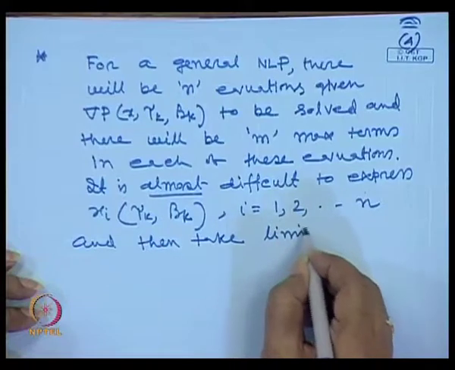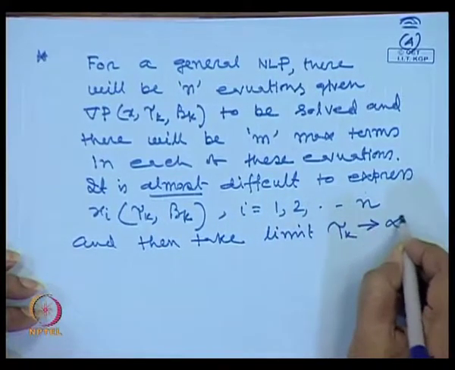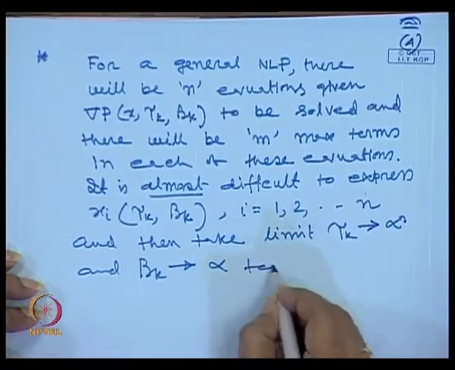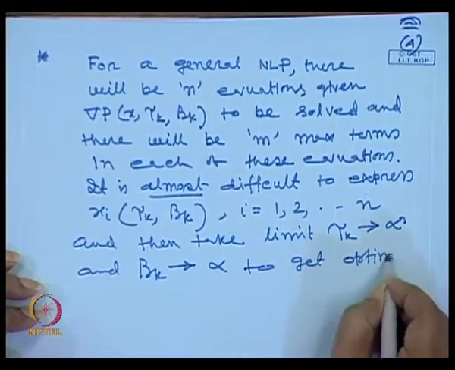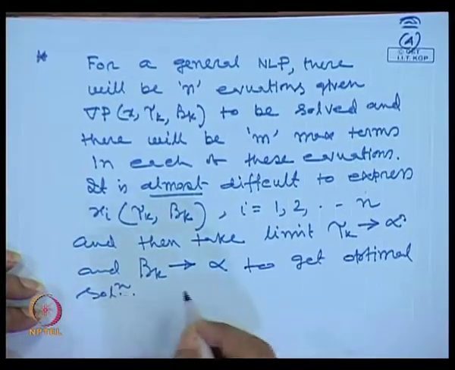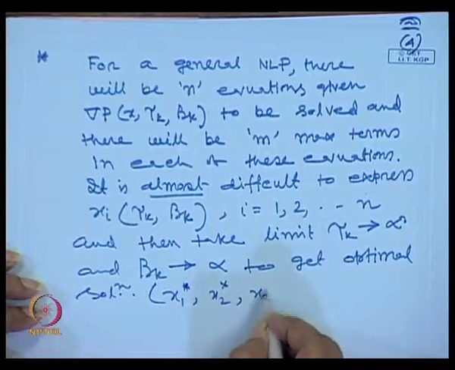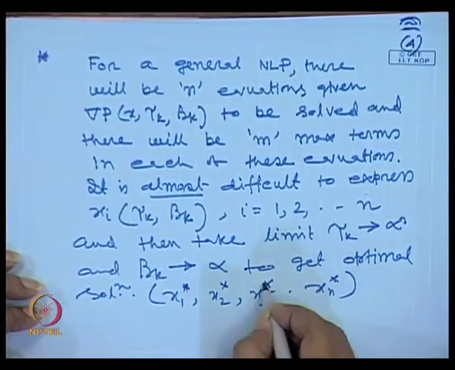The interior penalty function method generates a sequence of feasible points that converges to a feasible and optimal solution, that is x star, whose dimension is n cross 1 for an n-variable problem.